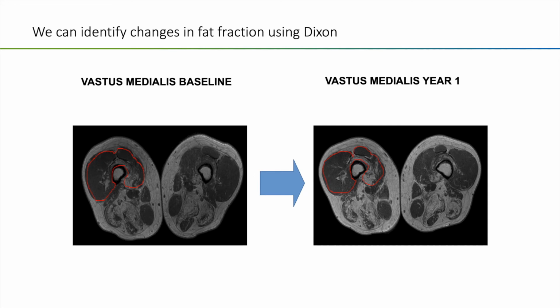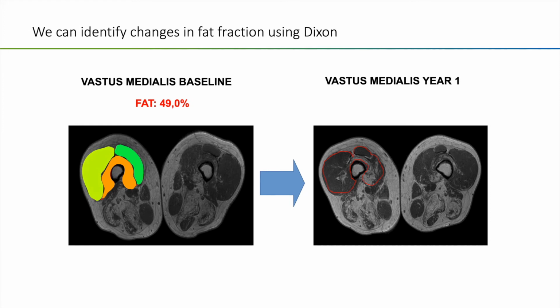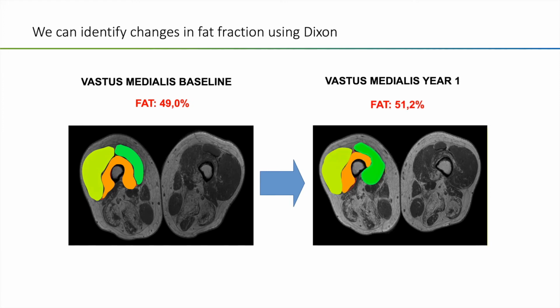So with this, we calculated again the amount of fat in the muscles by drawing our region of interest. We observed that at baseline you had 49% and at year 1 we have 51.2%, and this means an increase in fat fraction of 2.2% in this patient in 1 year.